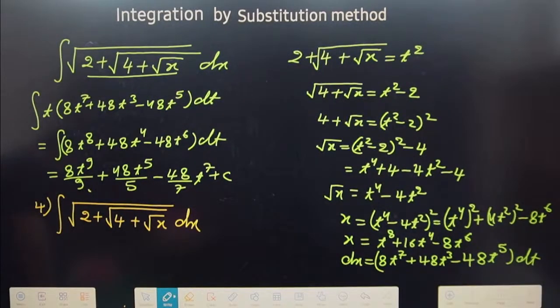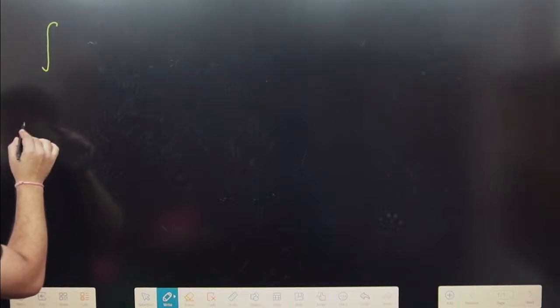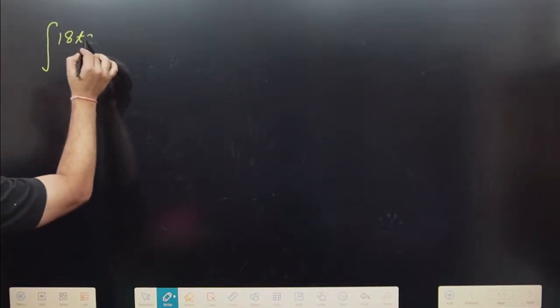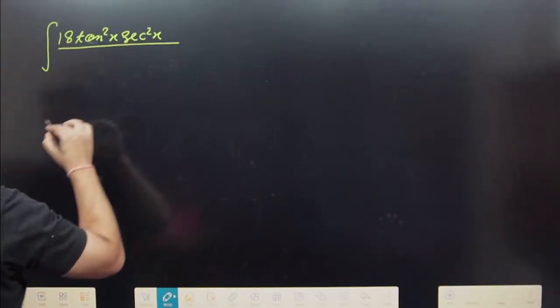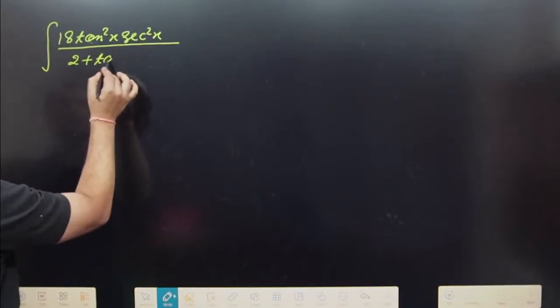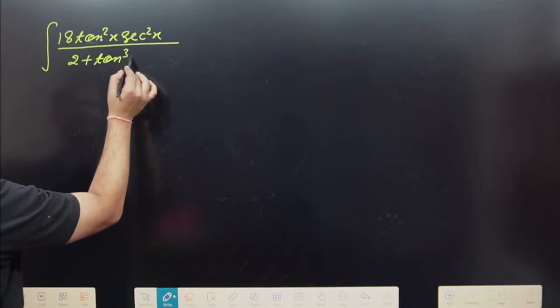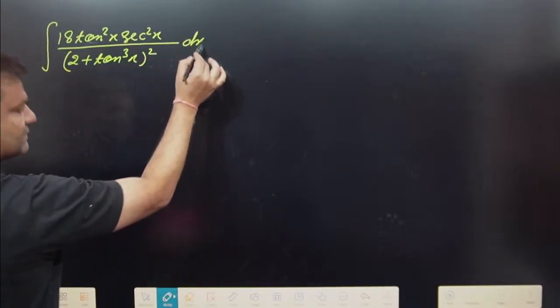Now we focus on another question. Integration of 18 into tan square x into sec square x divided by 2 plus tan cube x whole square dx.